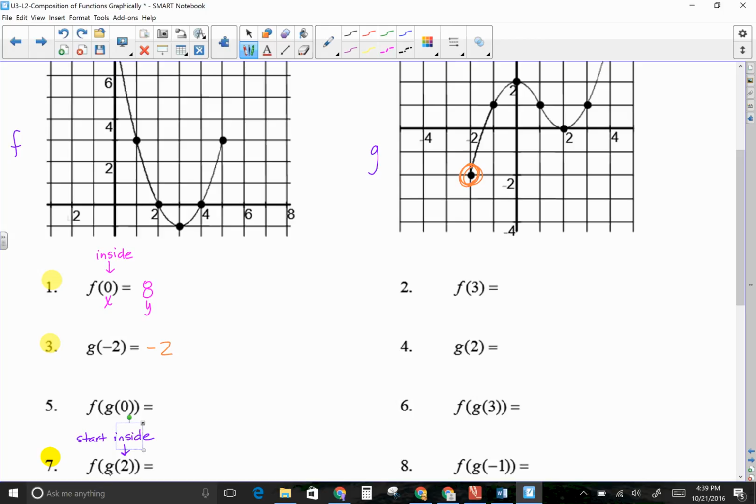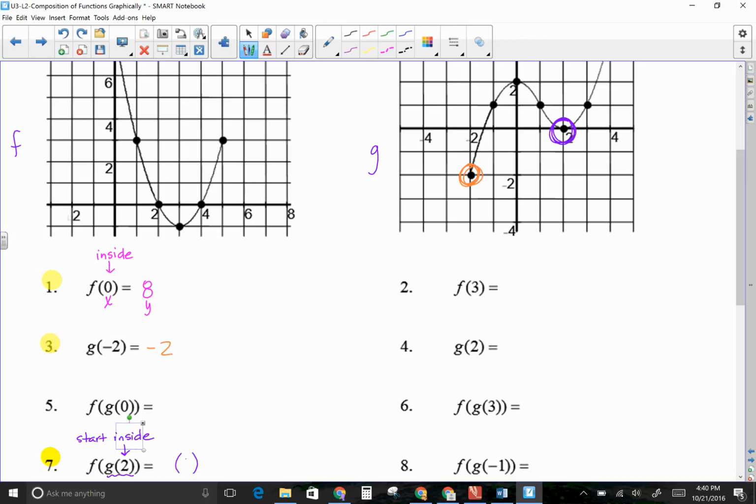So my inside function is g, and I'm looking for g of 2. I go over to g, find 2 on my x-axis, and that's where my function is. What is the y-coordinate at that point? It's 0. So g of 2 is equal to 0.